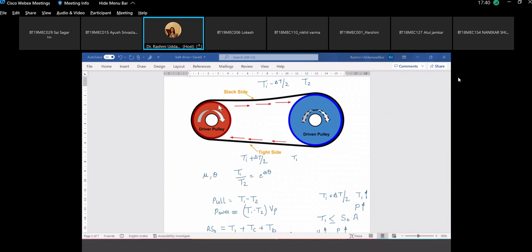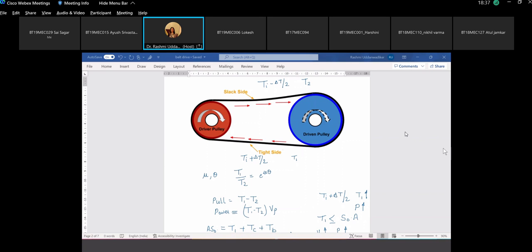So we understand that for a belt, a tension del T is getting distributed on the tight side and slack side, and gradually it reaches a stable or static value of tight side tension, which is T1, and a value of slack side tension, which is T2.